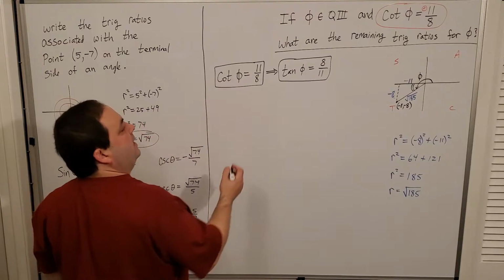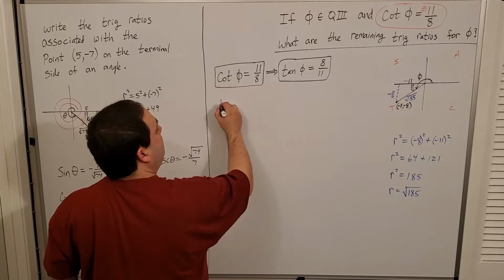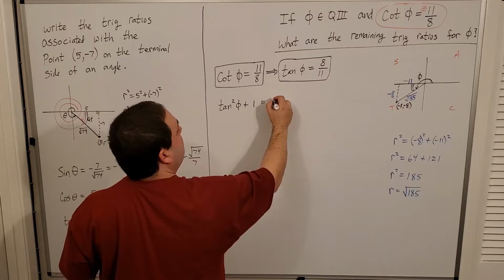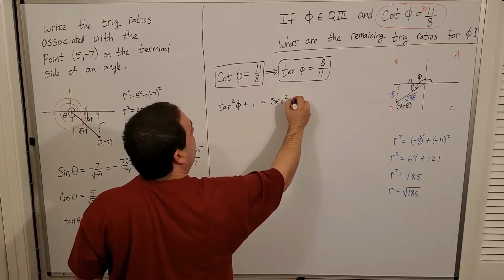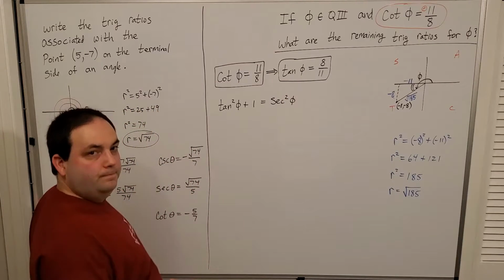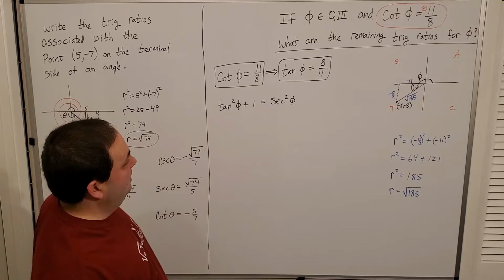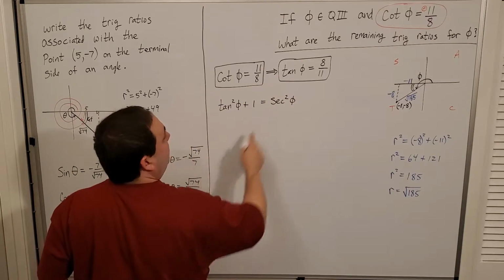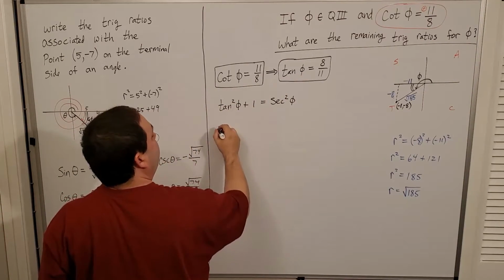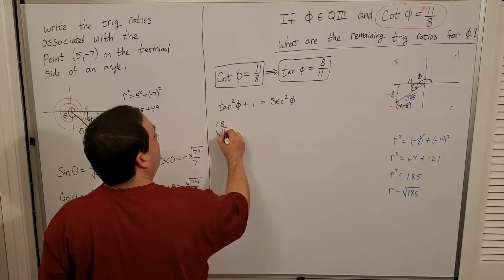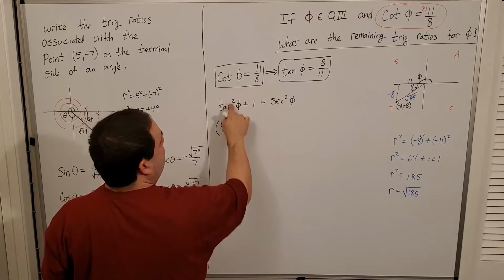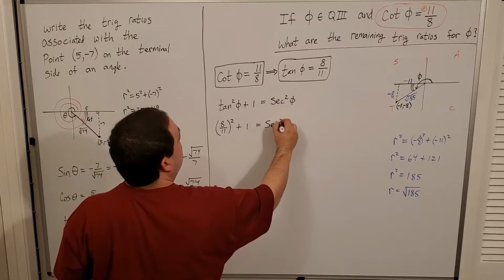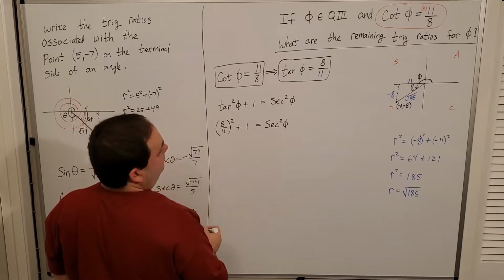The Pythagorean identity I'm going to choose is tangent squared of phi plus 1 is equal to secant squared of phi. So from this, I'm going to plug in the 8/11. It's squared because of the tangent squared, plus 1 equals secant squared phi.